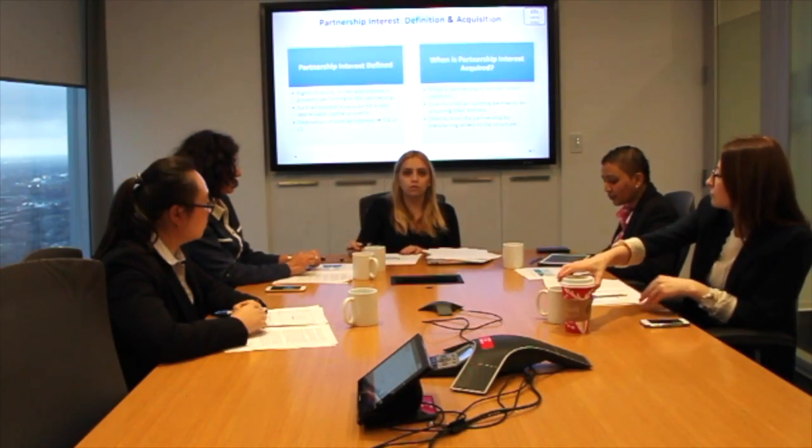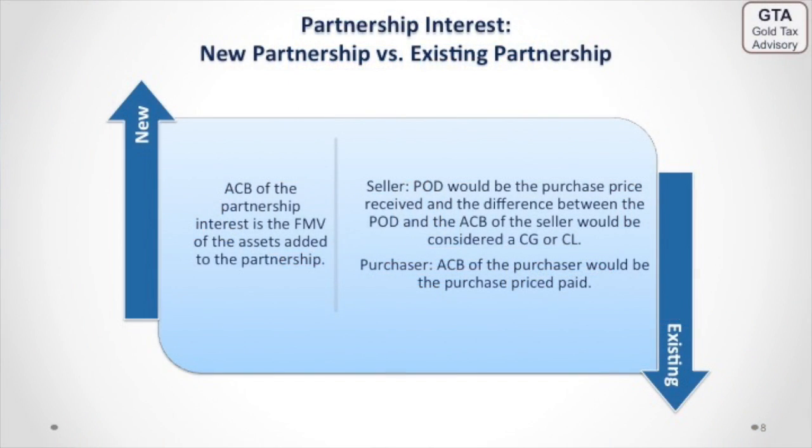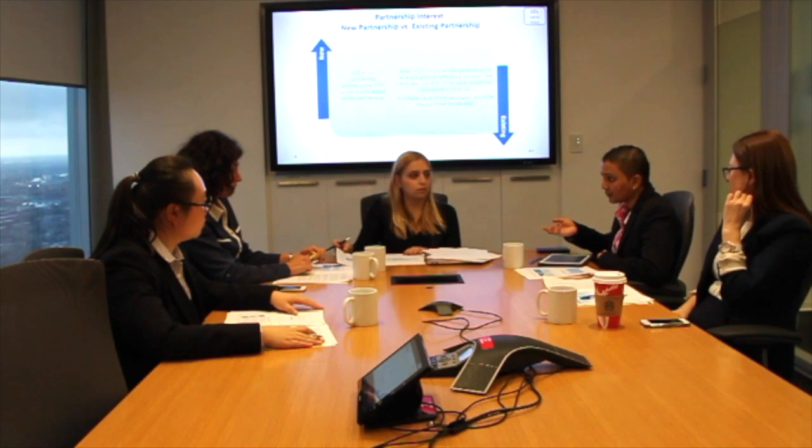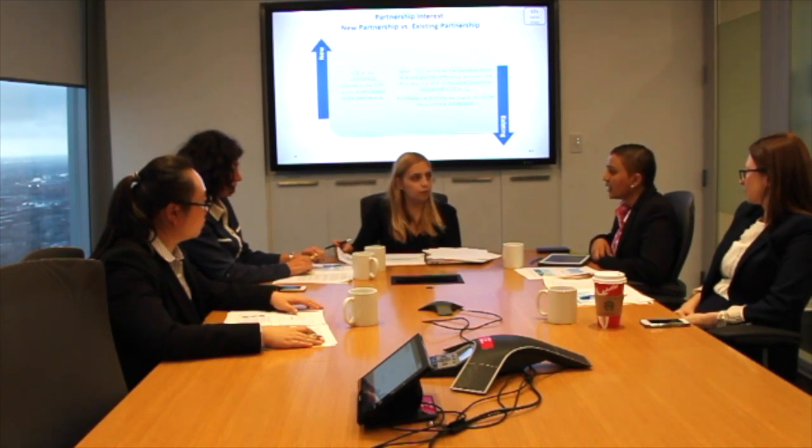So what is the difference between a new partnership versus an existing partnership? So the ACB of a new partnership interest would be the fair market value of all the assets you put into the partnership. For an existing partnership, the ACB would be the purchase price you paid for the partnership interest.